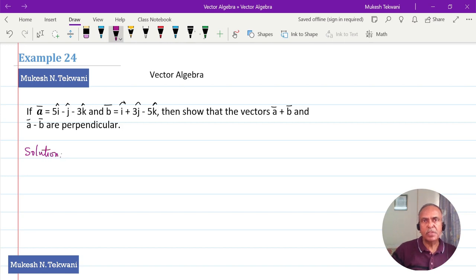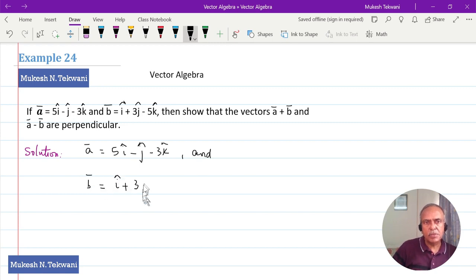We are given that vector A is 5i minus j minus 3k and vector B is equal to i plus 3j minus 5k.